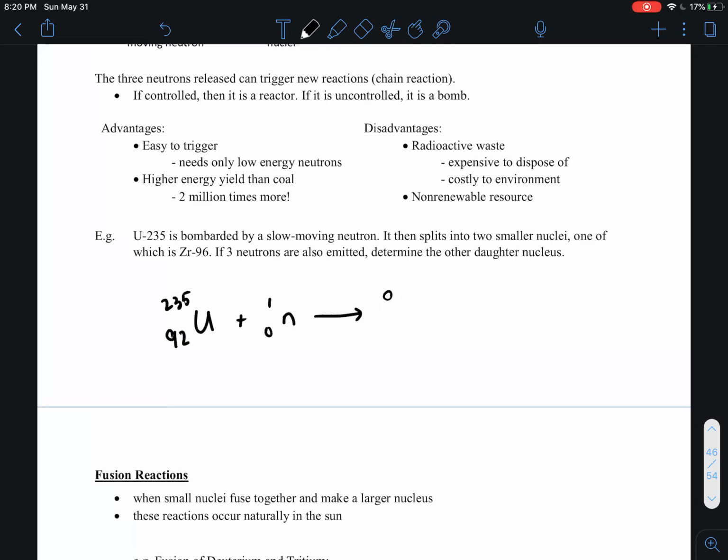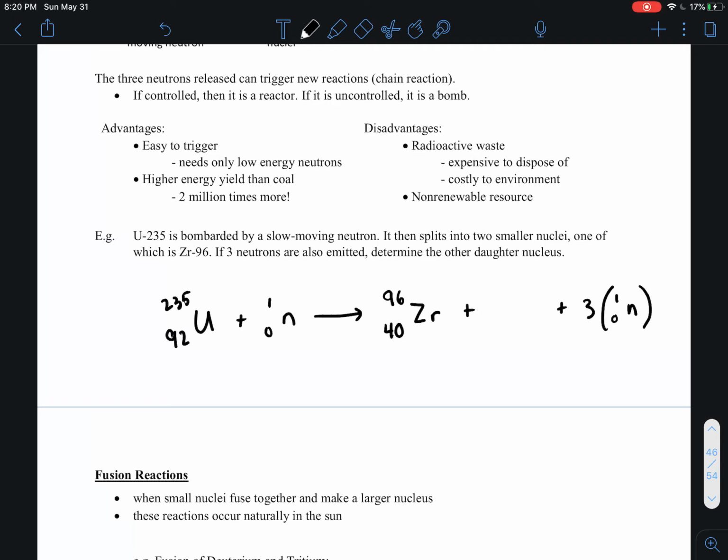Zirconium, and that's number 40. So it's going to be 96 on top, which is number of nucleons, and 40, which is number of protons, which must remain constant. Plus something, blank, will then give us 3 neutrons. And remember, we're just going to put 1, 0, and then put the 3 in front of the brackets there.